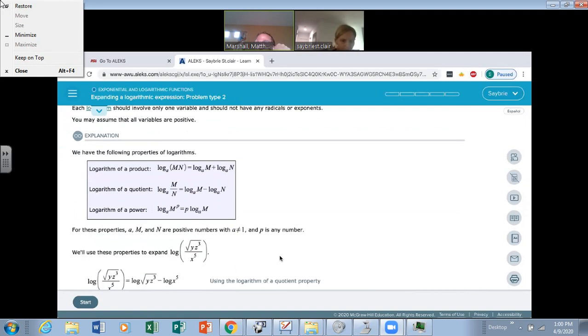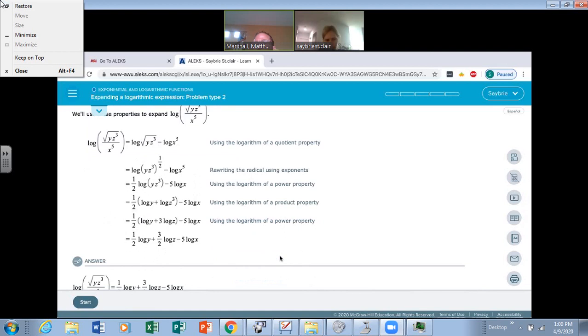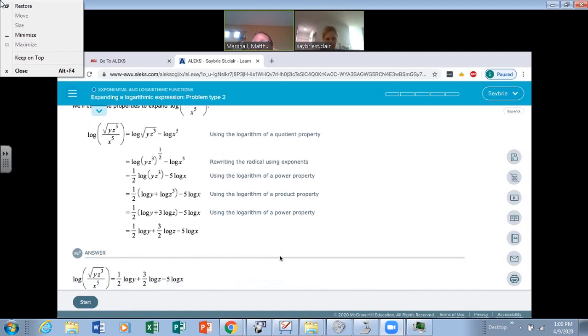So they broke it up into log of the top minus log of the bottom. They did that to the 1/2 power. They expanded that to the front. Go down a little bit on that one. And they broke that apart.